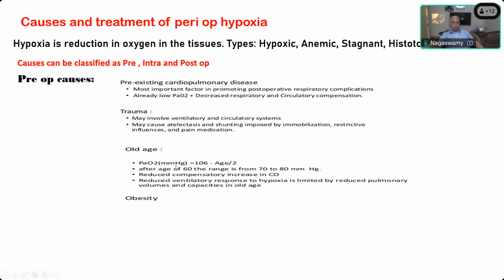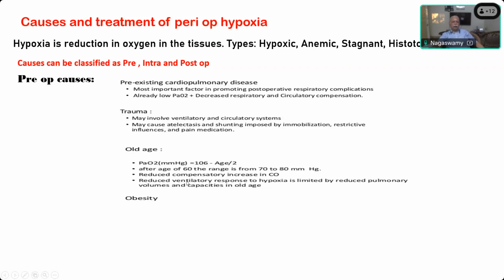It is not the saturation, it is the arterial oxygen tension. It gradually decreases, and that is why in elderly patients you cannot allow them to become too hypoxemic. You have to take care of that, even though their PaO2 values will be accepted as normal by this formula.